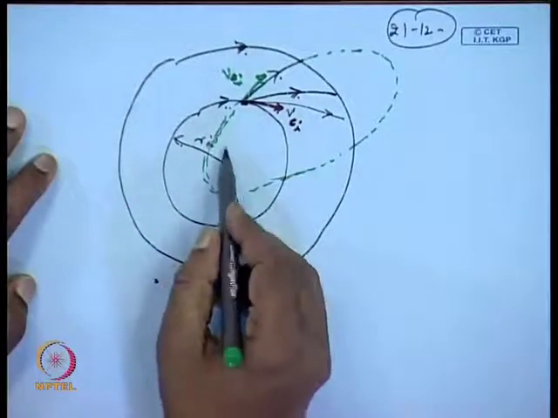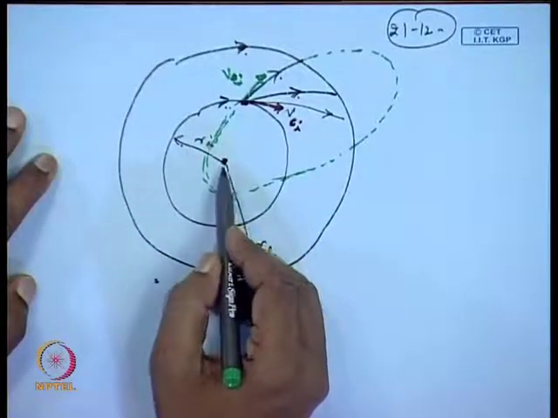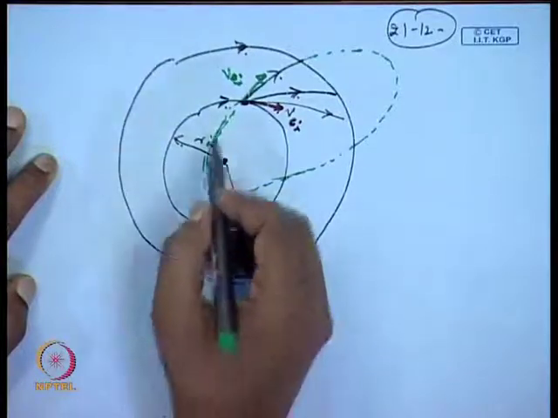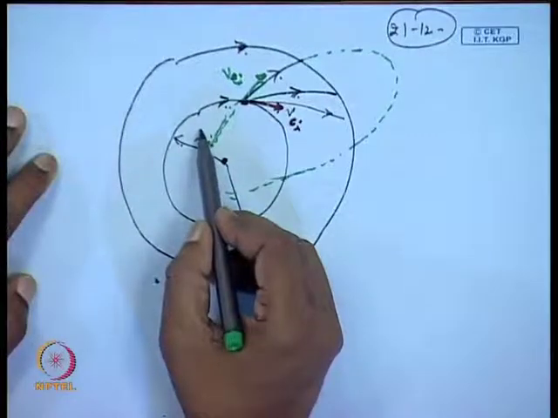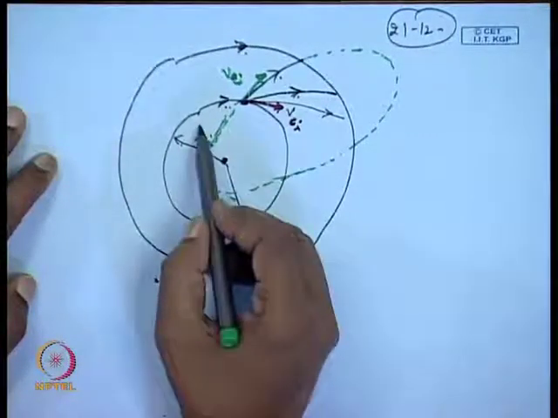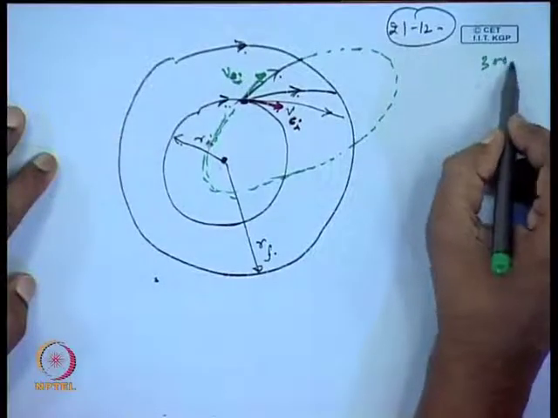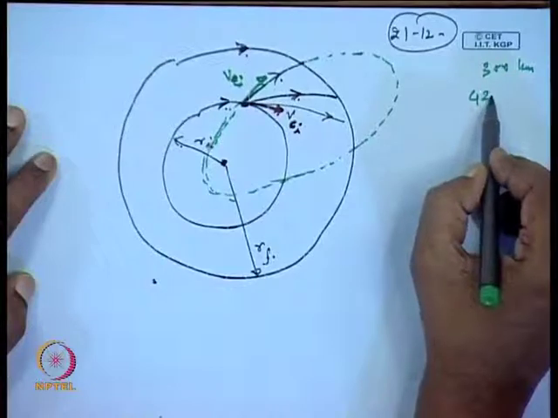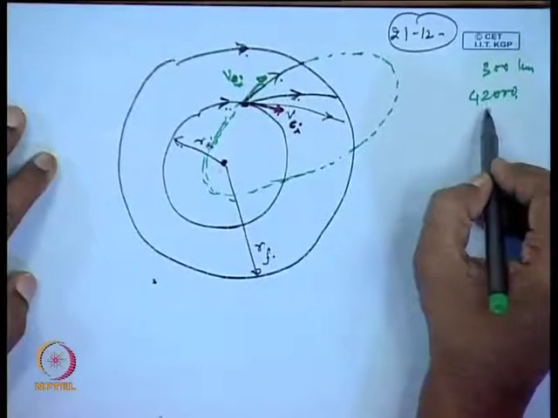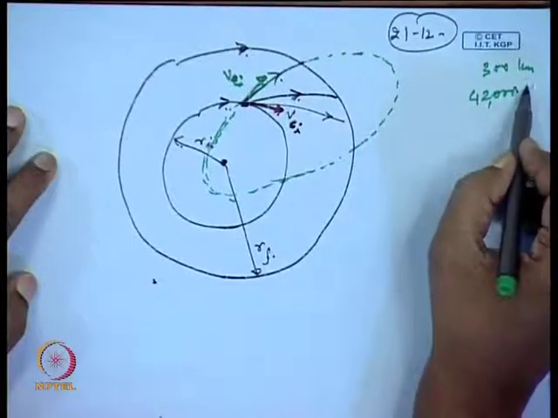Of course, if the earth is larger, we cannot show it like this, because in many cases you will see that your satellite is at an altitude of 300 kilometers even, and in the geostationary orbit the radius of the orbit is around 42,000 kilometers.